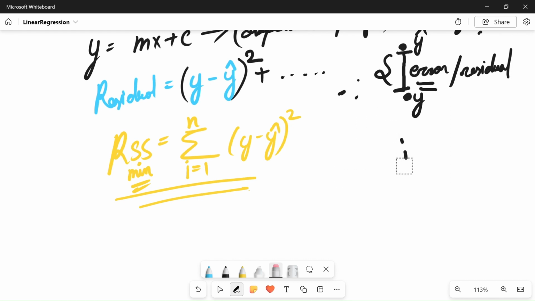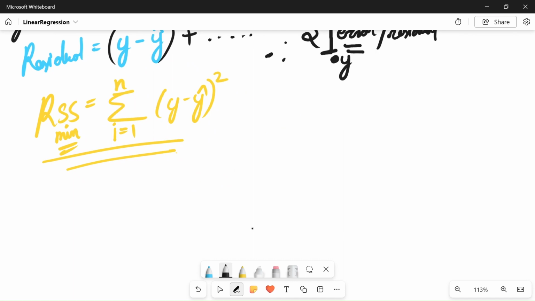As this particular function is a quadratic function, you'll get a parabola. So when you differentiate this function and equate it to zero, you'll get to this minima point, where the derivative is equal to zero.